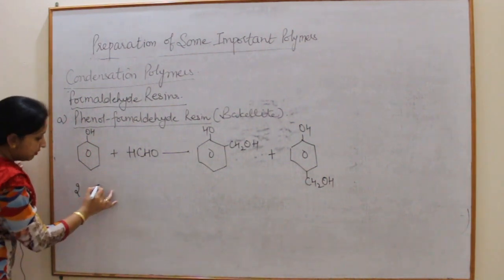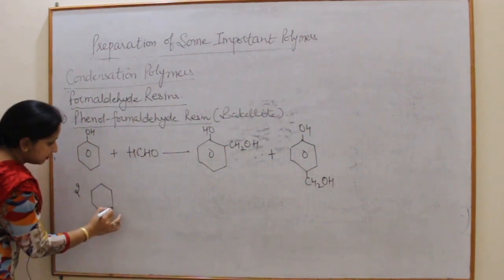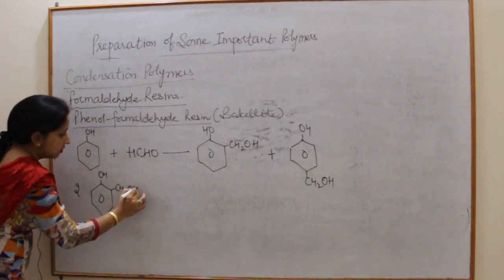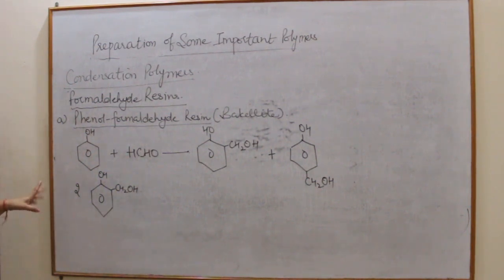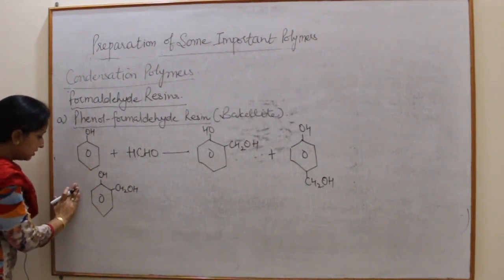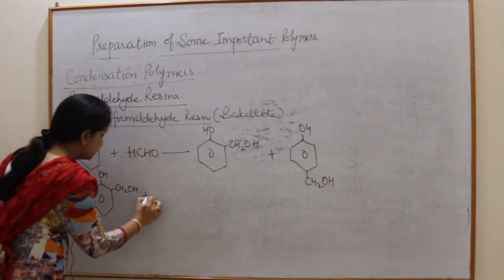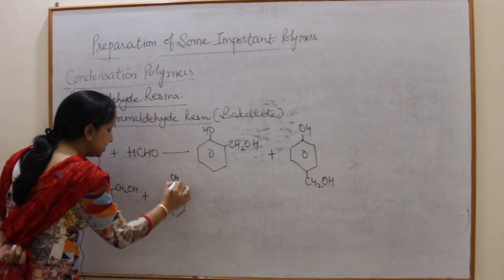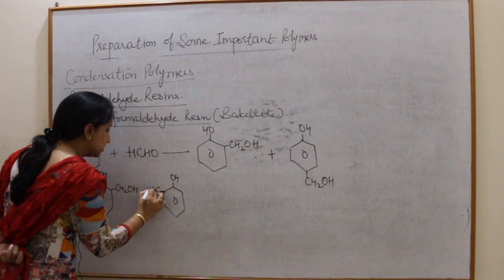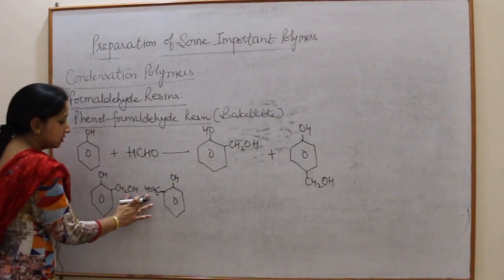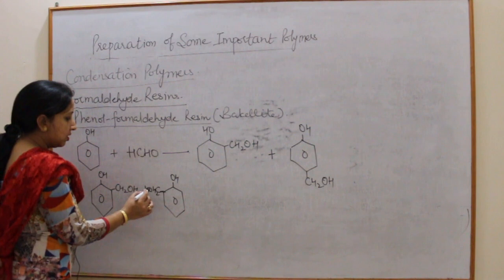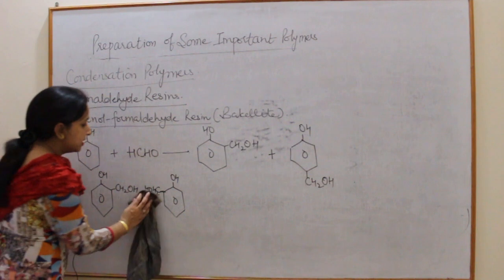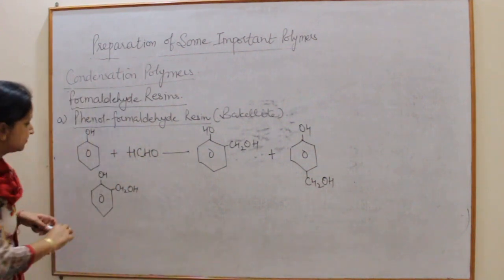If we want to show the polymerization of only the ortho product, let's suppose we have taken two molecules of the ortho product, like OH, CH2OH. We have two molecules of this. So basically what will happen? Loss of a water molecule will be there.